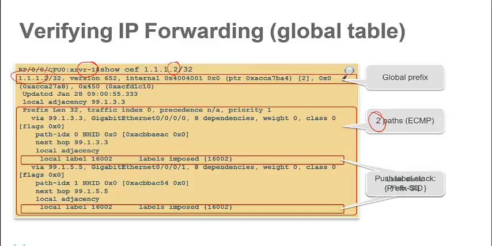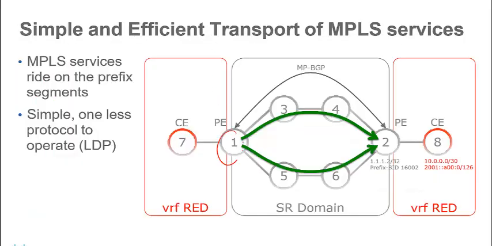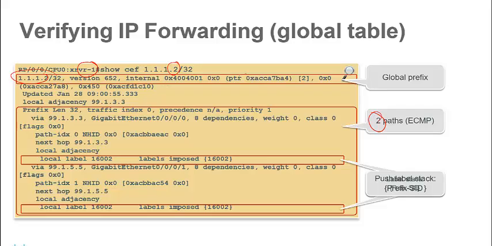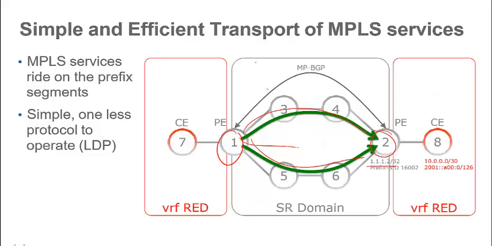To go to this router 2, from router 1, how many paths? Two paths. 1.1.1.2. It has got two paths, one via router 3, another via router 5. You see here? Router 3 and router 5.